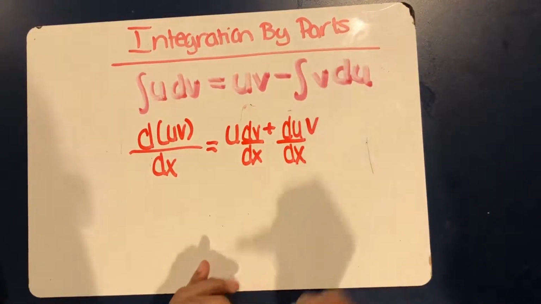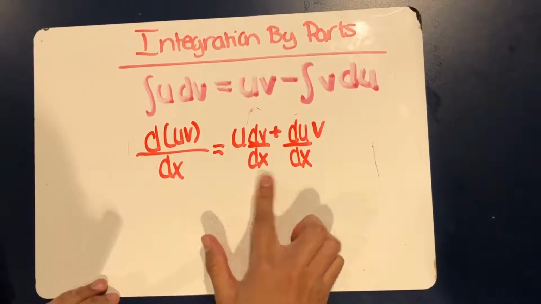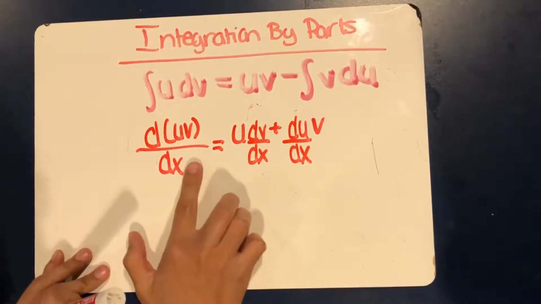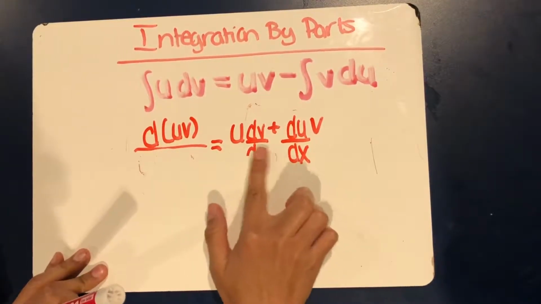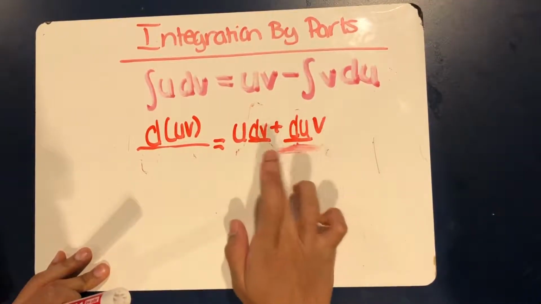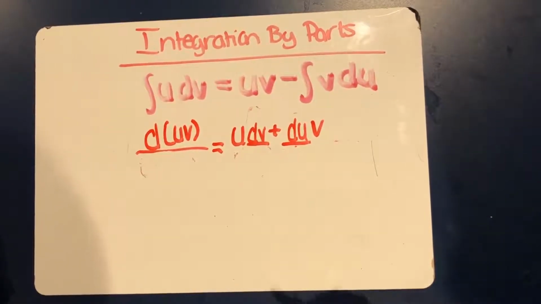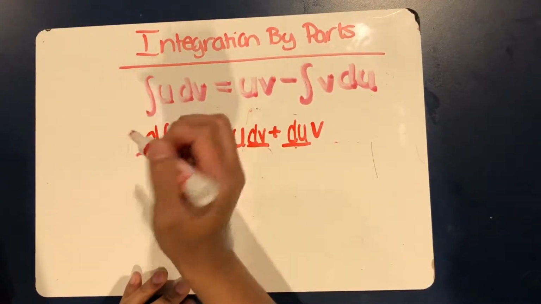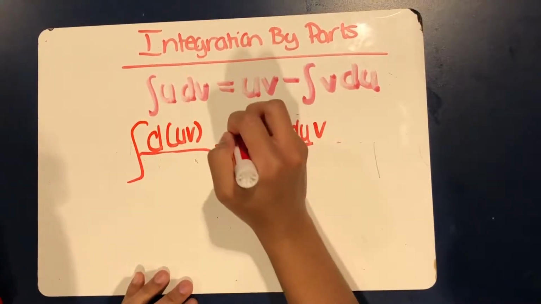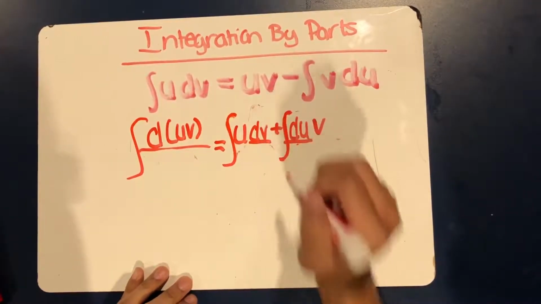Okay, so since dx is a common term within each of these terms, we can actually just erase this, giving us the differential of uv is equal to u dv plus v du. So let's take the integral of each of these terms, and let me just rewrite this.